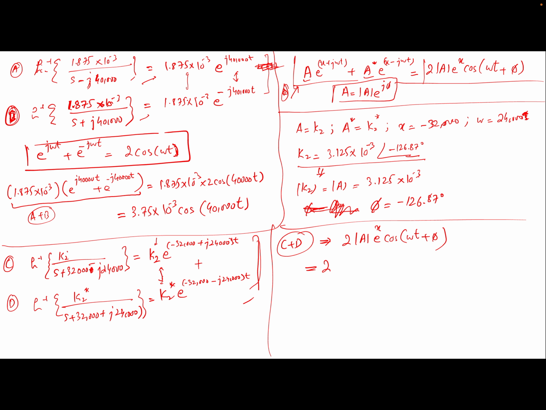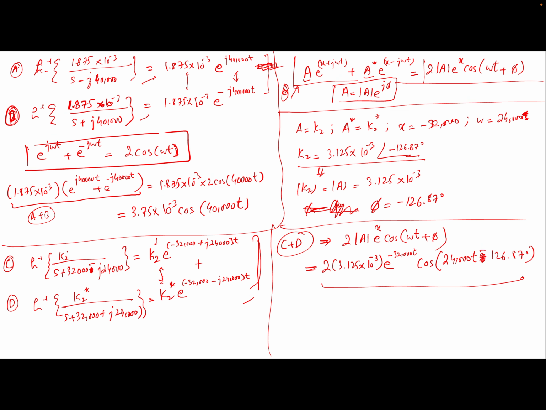So this should be 2 times mod of A, which is 3.125 times 10 to the minus 3, e raised to the power minus 32,000 t, and then you get cos of omega t, where omega is 24,000, t plus phi, which is minus 126.87 degrees. Okay, got it. So here's C plus D.